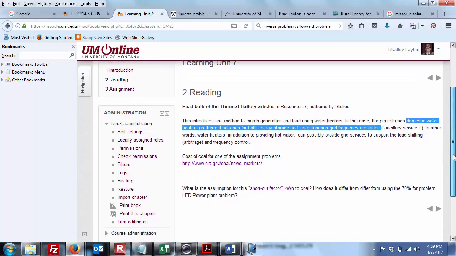Is there one storage medium that's just obviously more efficient than another? It's tough to beat pumped hydro. It really is. The generators for hydroelectricity are well above 90%, and I think the pumps aren't that far off either. So yeah, you lose a lot less.